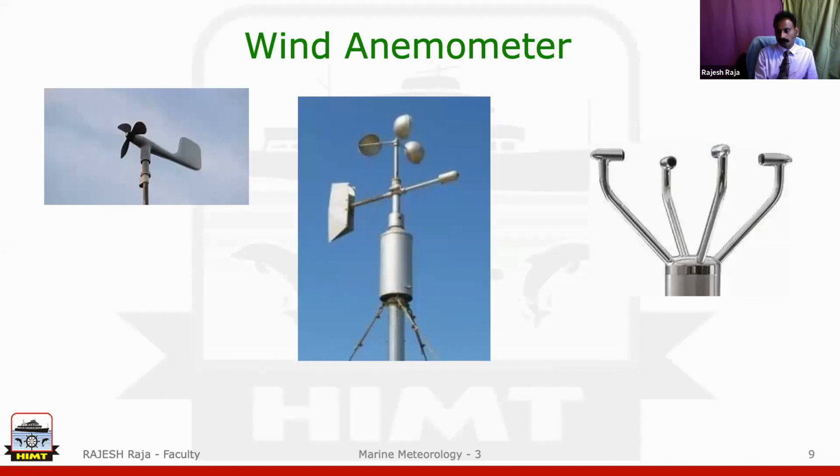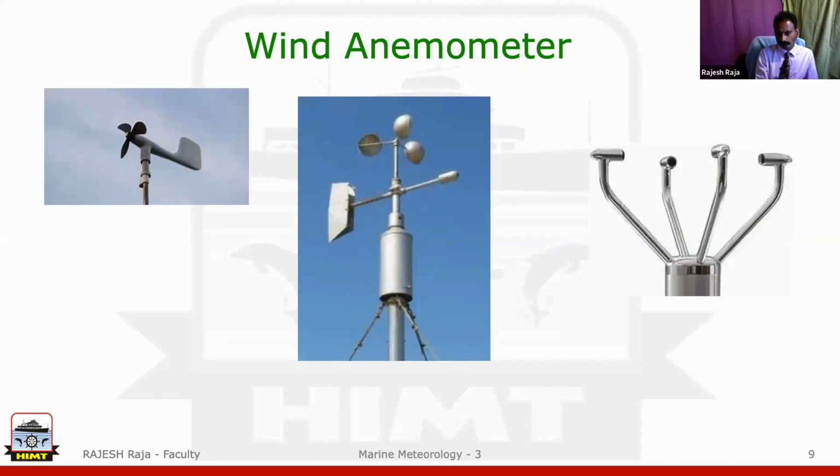But the last one, which is in vogue right now, a lot of vessels have this. It is called a Gill sensor, one of the patented Gill sensors, or ultrasound. There are no moving parts. Please remember there are four sensors, and they measure wind just by transmitting ultrasonic waves.